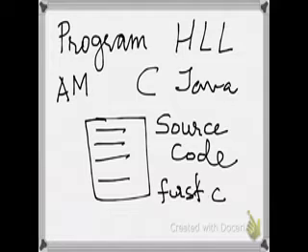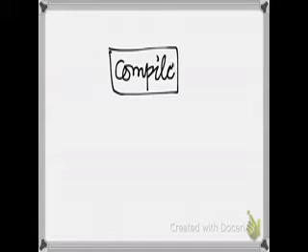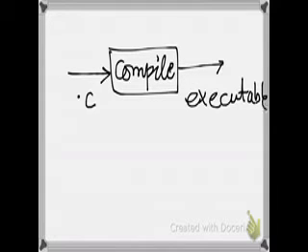Now what is the next step that you do? After compiling the program, now you have to run it. So when you compile a program, you use some compiler and then you compile your .c program, okay, you get what is known as an executable file.